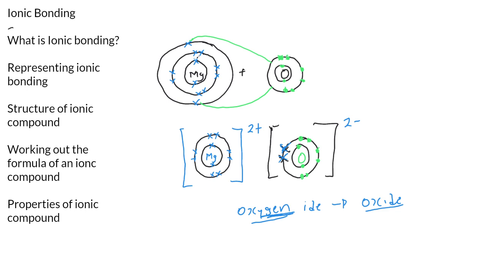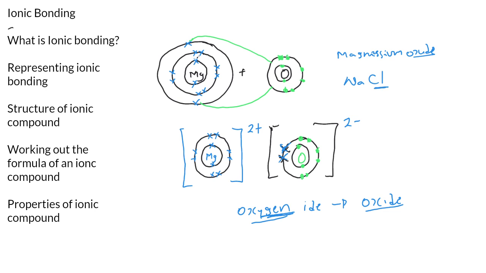So for example, when I say magnesium oxide, the oxide there is to tell you that oxygen has gained electrons and is now oxide. So you can imagine when we have sodium, we don't call it sodium chlorine, no, we call it sodium chloride. Why are we calling it chloride?